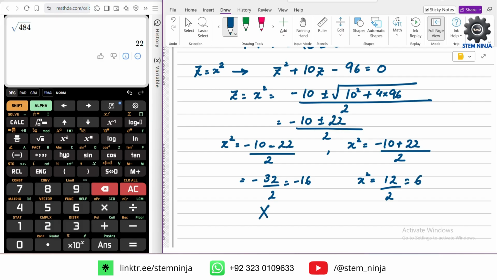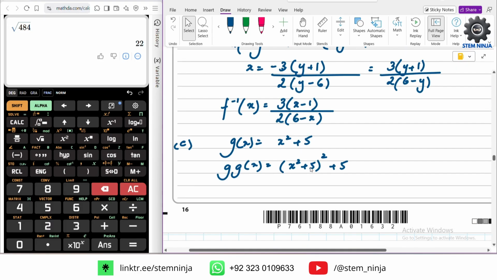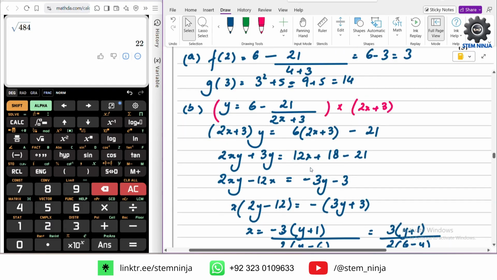This cannot give us any solution because no square value can be negative. However, this can, so x would be plus or minus root 6.